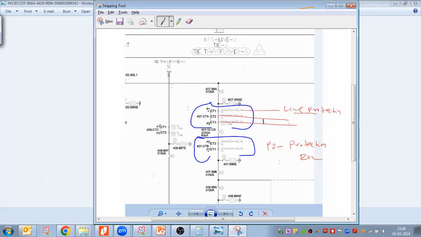CT3 would not be line protection; this CT would be for metering purpose. Okay, Vishal? Okay, understood. These both CT core 1, core 2 are for what? Bus protection. What is your protection here? Bus bar, isn't it? So P2 where? Bus bar?